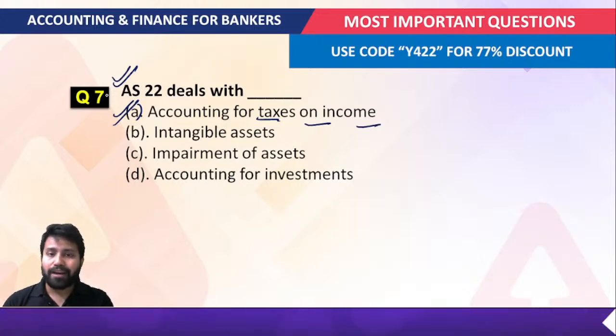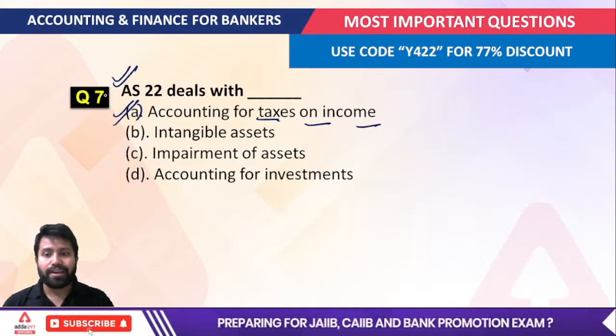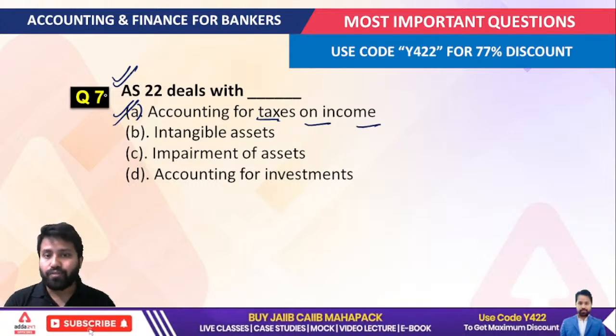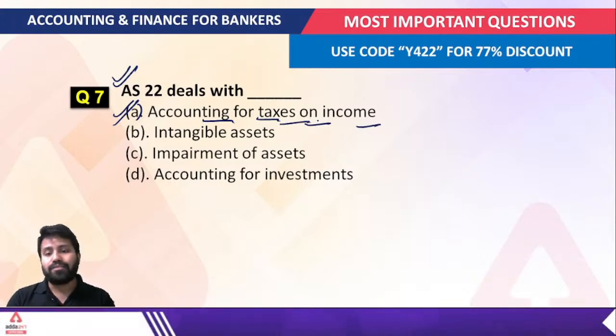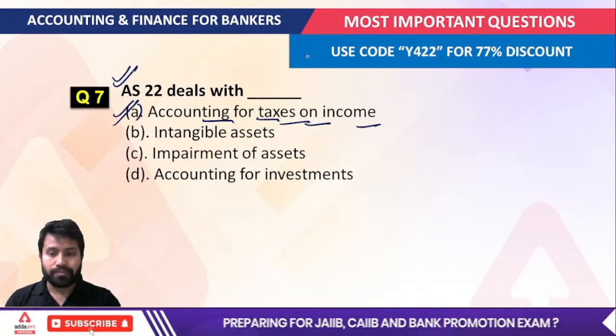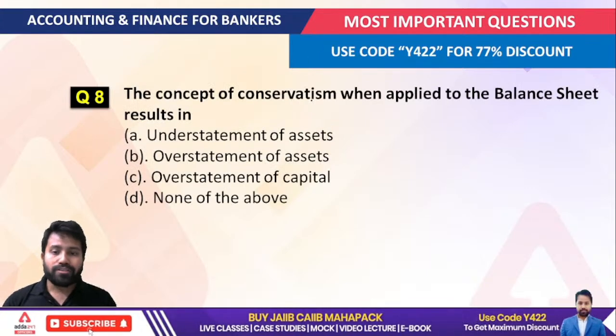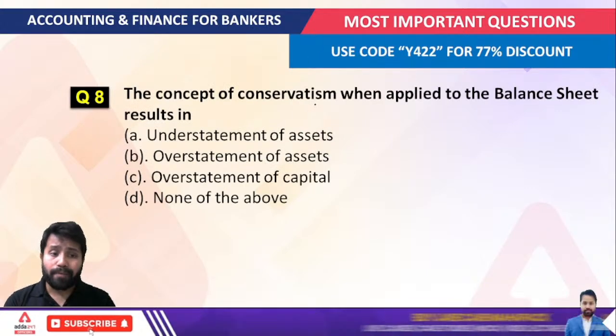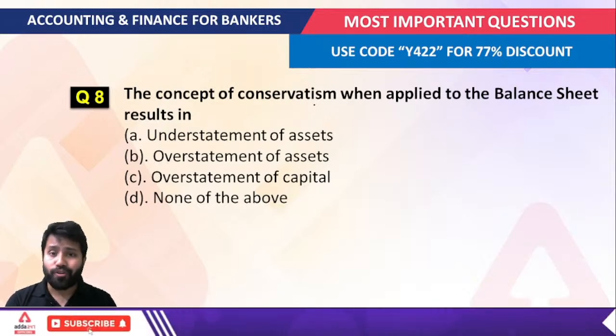In the accounting standards you will get questions like this one, that ask what it deals with. So you have to understand that accounting for taxes on income is dealt with by Accounting Standard 22, right?